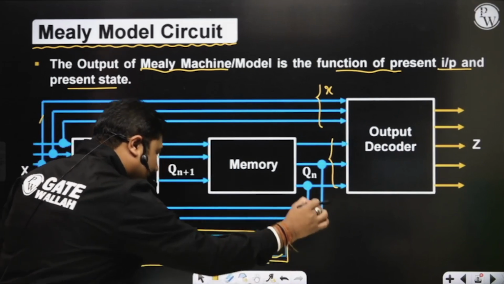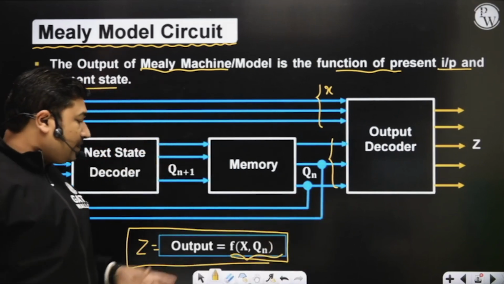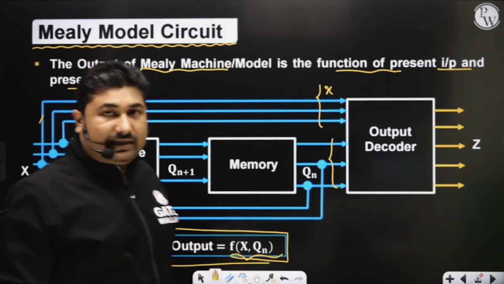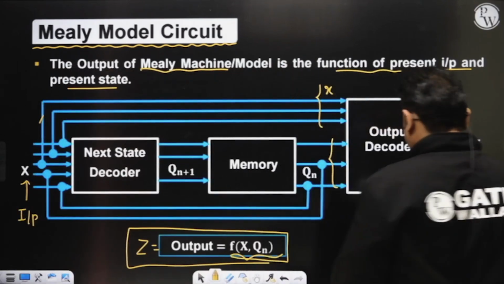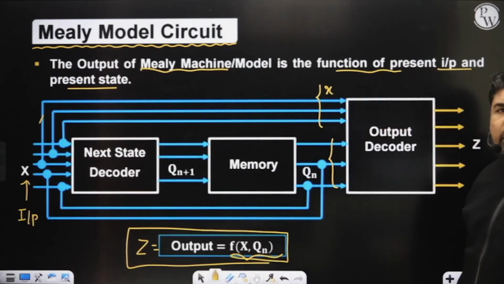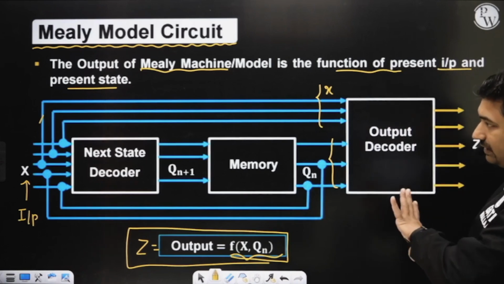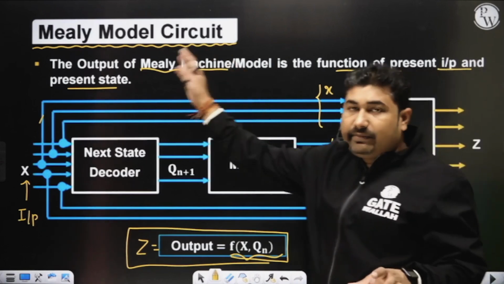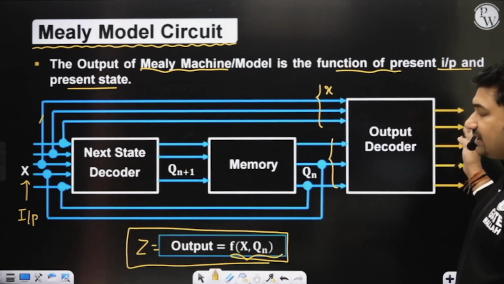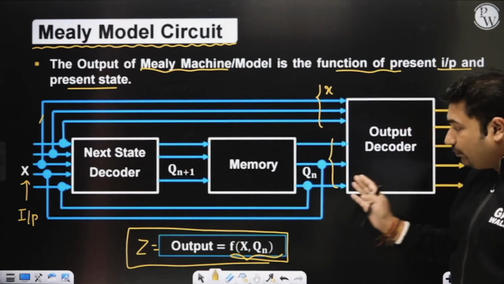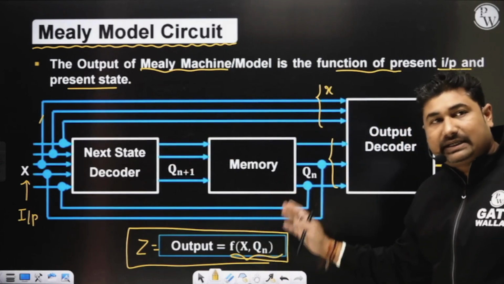I have represented here Z equals a function of X and Qn. Now please observe. You need not draw it. Just remember that in the Mealy model circuit, the output is a function of both present input and present state.